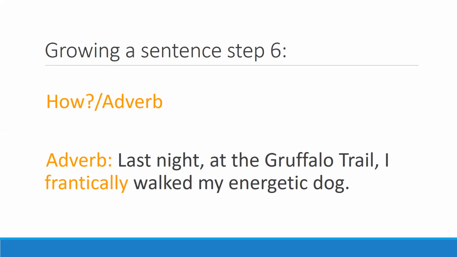Last night at the Gruffalo Trail, I frantically walked my energetic dog. So again, it's giving more detail. I described how I did it. How I walked, I described my dog, which was my noun. I described when it happened and where it happened. So each step, I'm just giving my reader a little bit more detail to help them paint that picture in their mind.